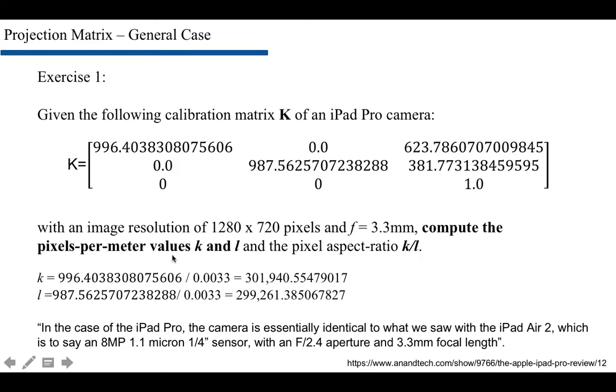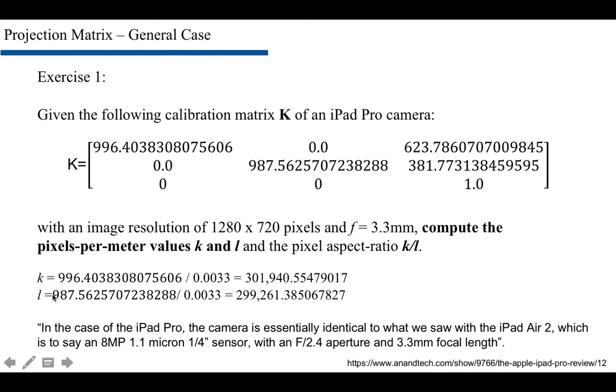It's pretty straightforward. We take the value that was already k times f, and we solve it for k. All we need to do is divide it by the focal length, 3.3 millimeters, and we can see it's about 300,000 pixels per meter. This was the horizontal axis.